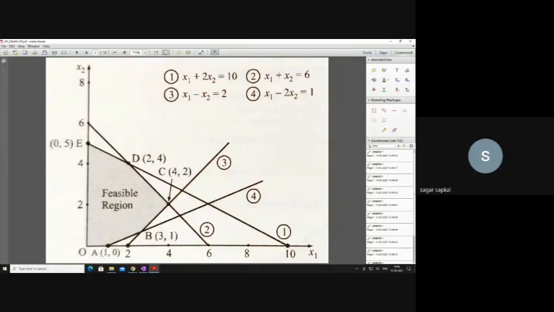I think at D, and 2, 4 will be your answer. And Z max will be, I think, 10. Is it 10? No, for 4, 2 it is not 10.